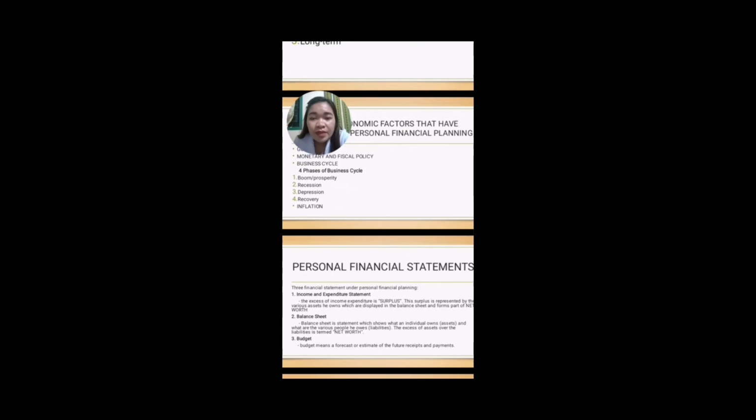No? Number 4 is the recovery. The turning point, no, from the depression is expansion, is termed as recovery or the revival phase. During this phase, there are expansions and a rise in economic activities. So, nag-rise na siya.